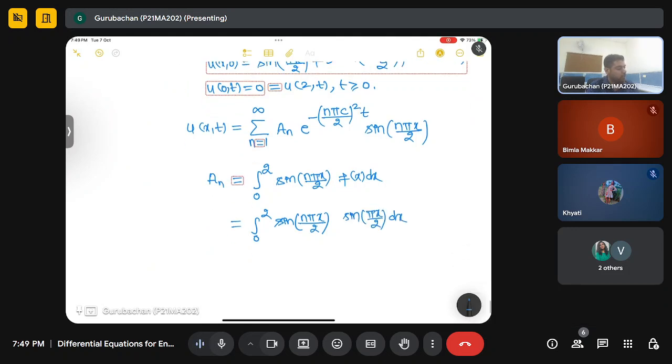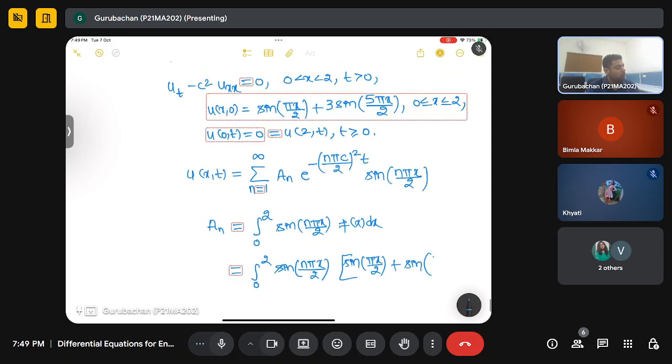One integral is this, or I may divide it in the second step, plus the integral of sine n pi x by 2 times sine 5 pi x by 2 dx.